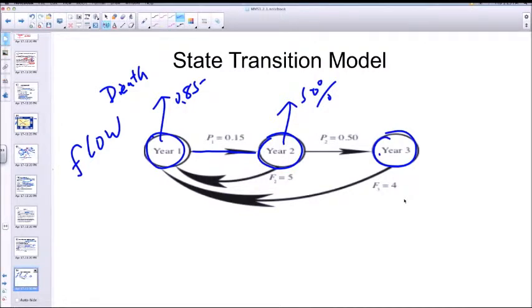As reborn, the second year population has 5 eggs, which go back into the first year, and the third year has 4 eggs, which go back to the first year. That's good. And how about the third year population? 100% all died, right? After the third year, they only live for 3 years.